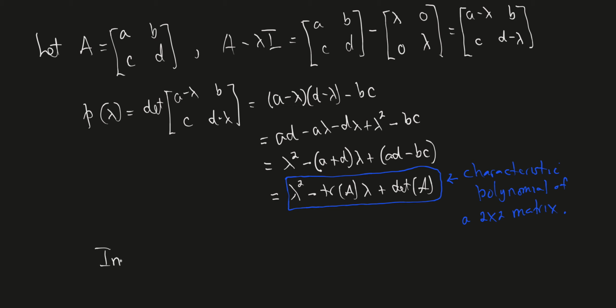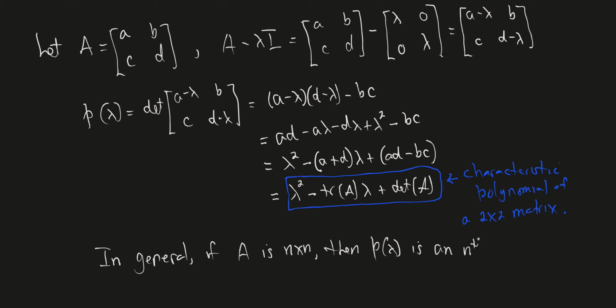In general, if A is n by n, then its characteristic polynomial, P of lambda, is an nth degree polynomial.